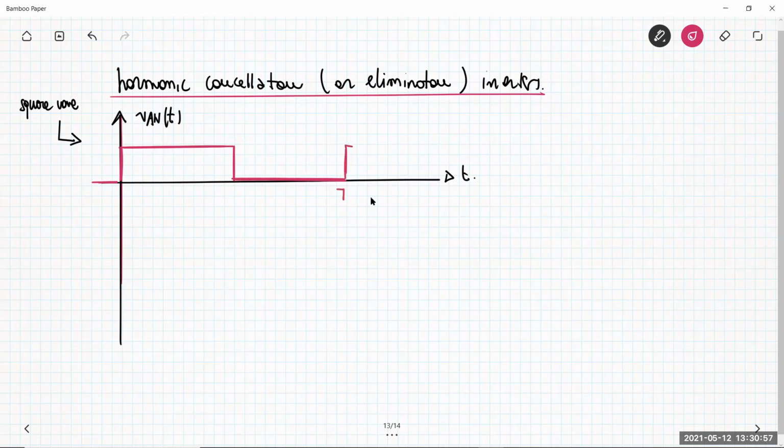Let me put this in terms of an angle, so we scale my axis by omega t. This is 360 now, and this is 180, 0, and this is VD.